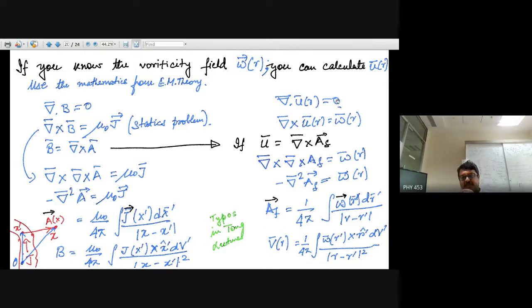Here we have just done some identical algebraic manipulation. This will be a field, and you can also calculate directly the velocity field.